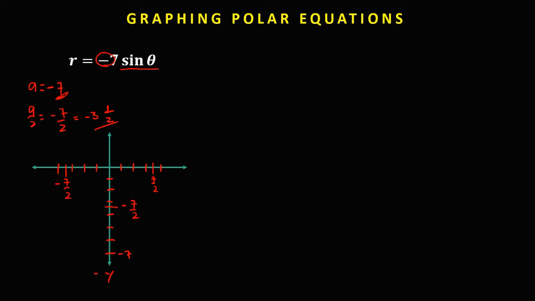So the graph now of this polar equation passes through these points. So a is negative 7, then this 7 over 2, 7 over 2, and the origin. So this is now the graph of r equals negative 7 sine theta.